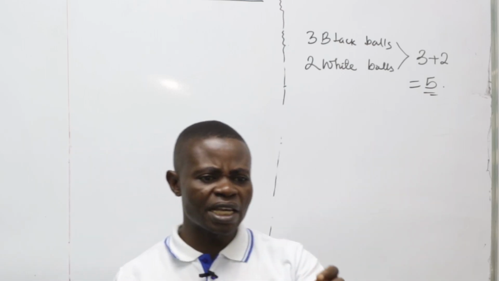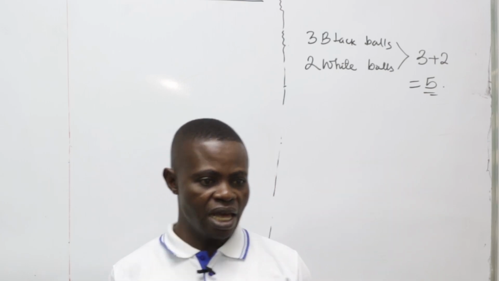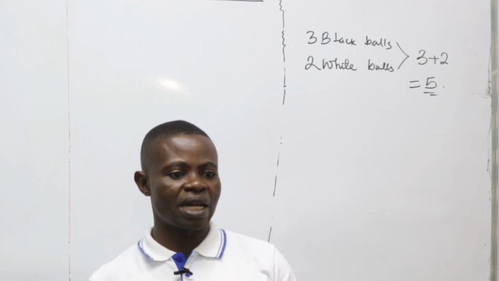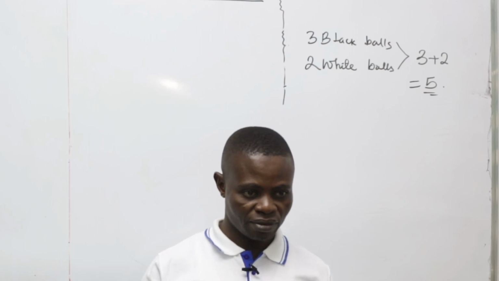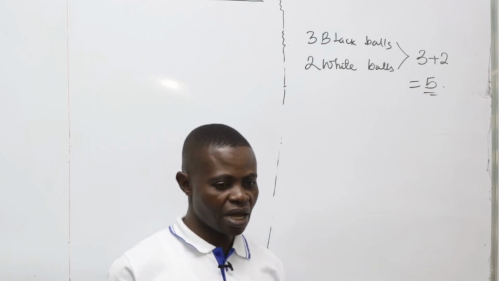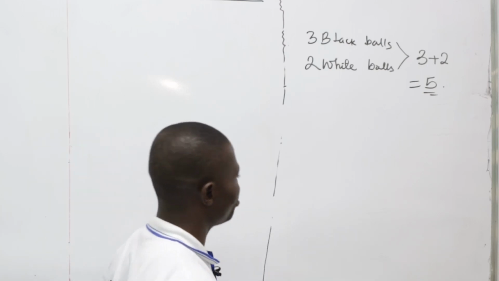Now, a ball is taken from the bag and then replaced. A second ball is chosen. What is the probability that both are black? A ball is taken from the bag and the second one is chosen. What is the probability that both of them are black?